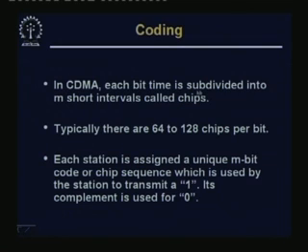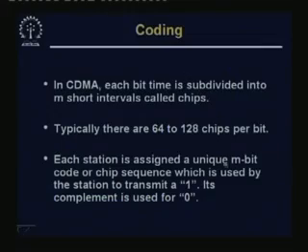As I said, each bit time is subdivided into short intervals called chips, and typically there are 64 to 128 chips per bit. That means for each bit we have a code which is 64 chips long. If the word chips sounds unfamiliar, think of it as each bit being encoded using 64 chips.